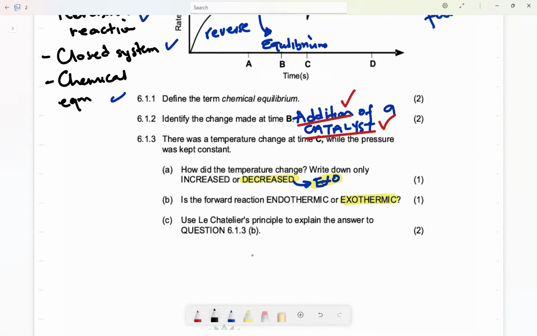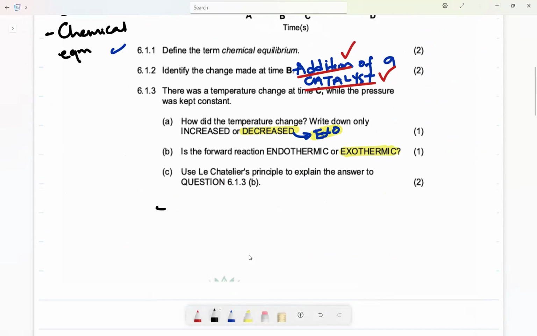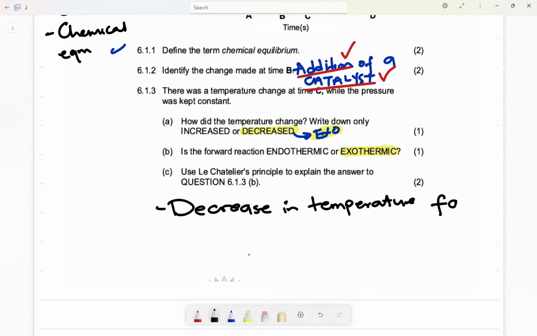Now let's use Le Chatelier to explain that. We're going to say decrease in temperature, we are answering C, decrease in temperature favors exothermic reaction.